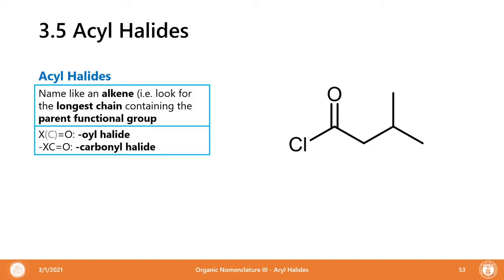Acyl halides are named almost exactly like aldehydes. For linear acyl halides, we use the suffix oyl halide, so that's OYL halide. So here we have an acyl chloride, since we have a chlorine atom. And so the name of our longest chain containing 4 carbons is butanoyl chloride.